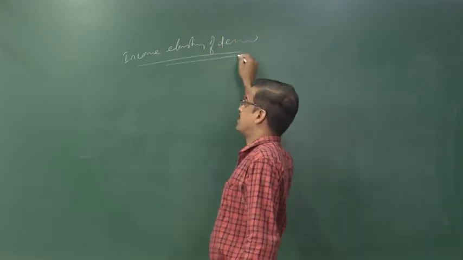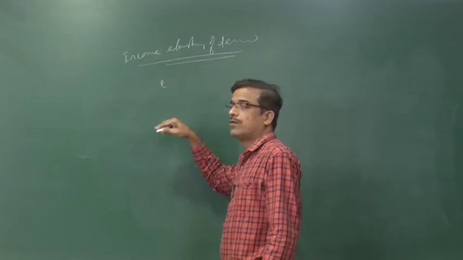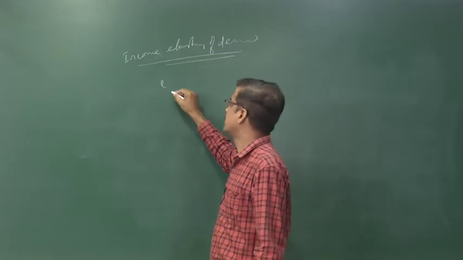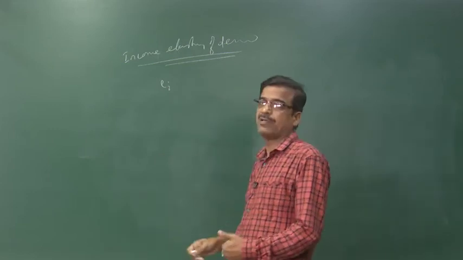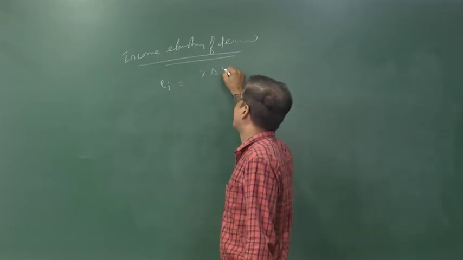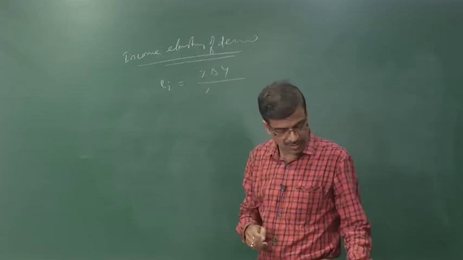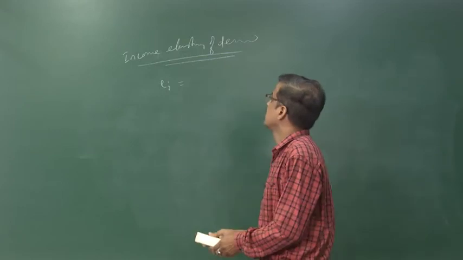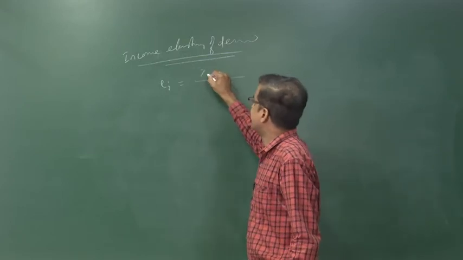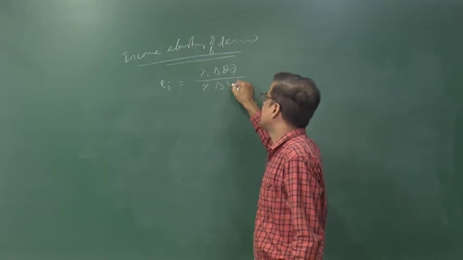Income elasticity of demand means, instead of E D, demand with P the price, we take into account E I, income elasticity of demand. It is the percentage change in quantity demanded divided by the percentage change in level of income.